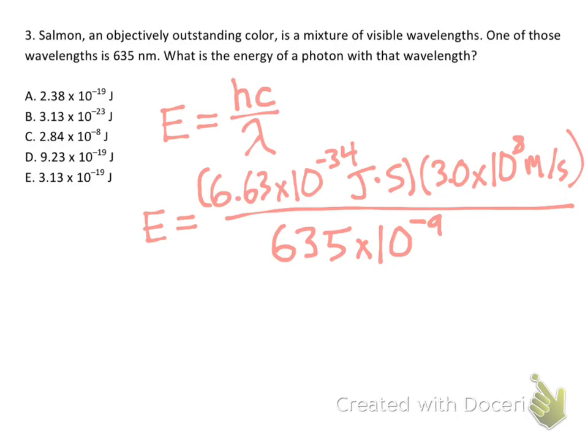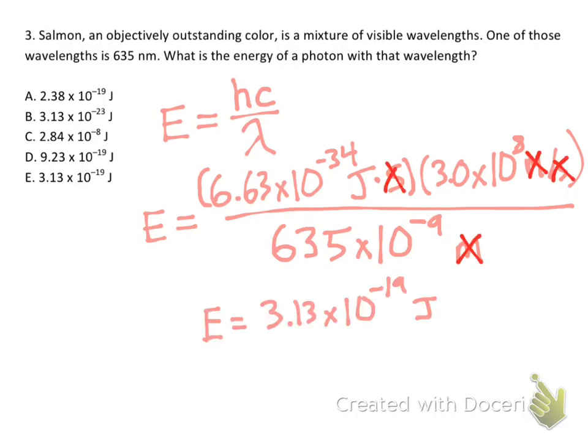So it's going to be 635 times 10 to the negative 9th meters. And when we do, we'll end up getting our energy in one photon. Our units cancel out, and we get 3.13 times 10 to the negative 19th joules. And that is not a lot of energy, but just recall, this is the amount of energy in one measly photon, one measly particle of light. When you have a mole of photons, it ends up being considerably more, on the order of kilojoules per mole.